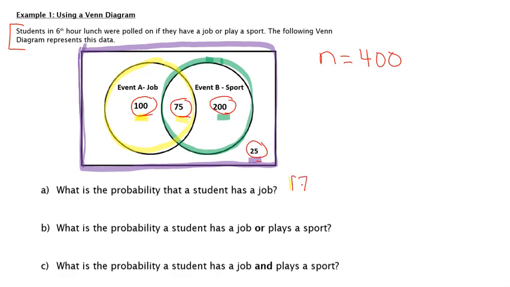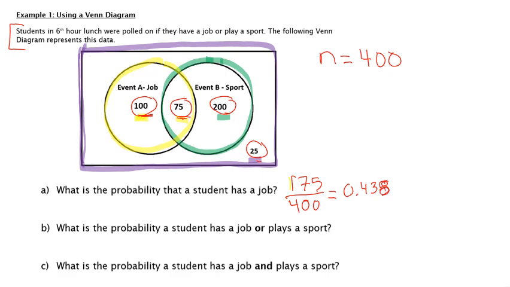So there are 175 students who identify as having a job, out of 400. When I divide that, my probability is 0.438. Probability is calculated the same way we saw in the previous video.